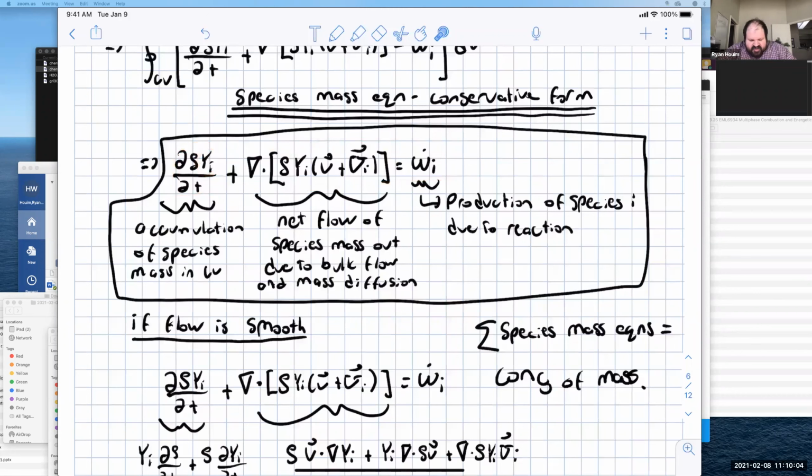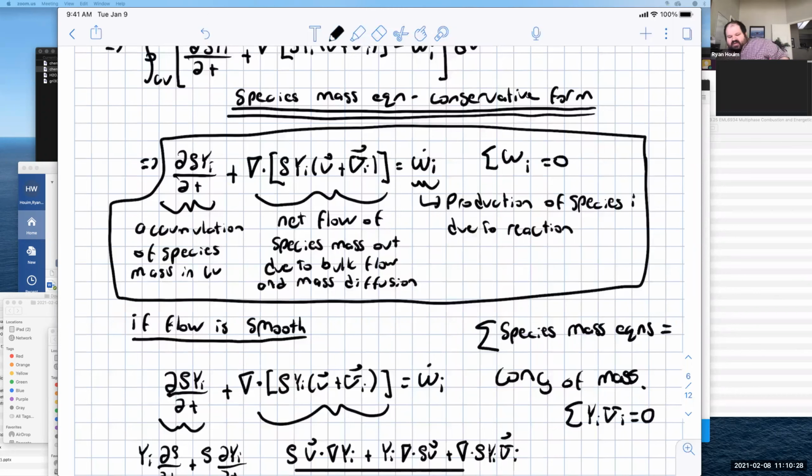And by definition, conservation of mass demands that the sum of yi vi is equal to 0. And conservation of mass also demands that the sum of omega dot i, not prime, is also equal to 0.